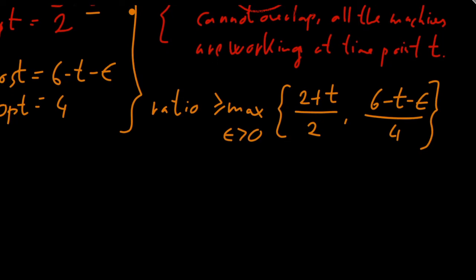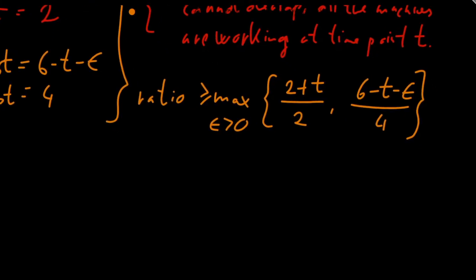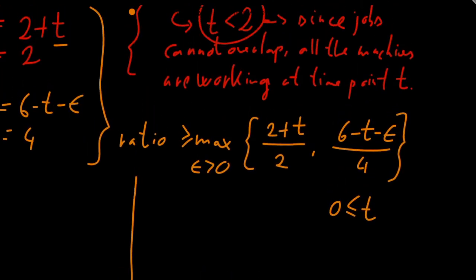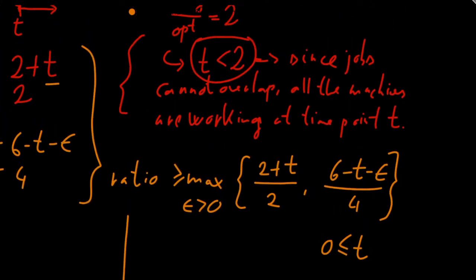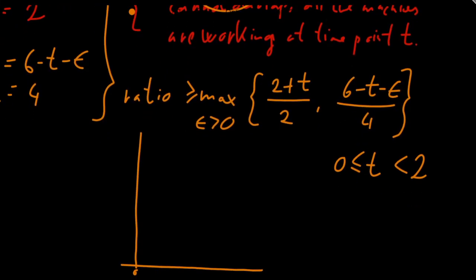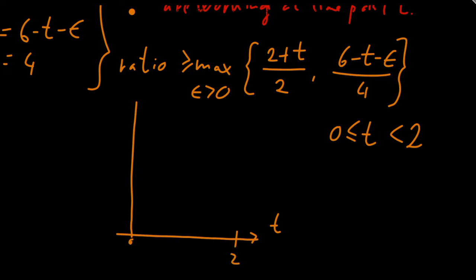So to solve this, I'm again just drawing 2 lines because it's easy to understand. And also I know that t is at least 0, of course, because I won't schedule the jobs earlier than 0, and also this is the case when t is at most 2, so I know this, right? So I have this value of t drawn here.